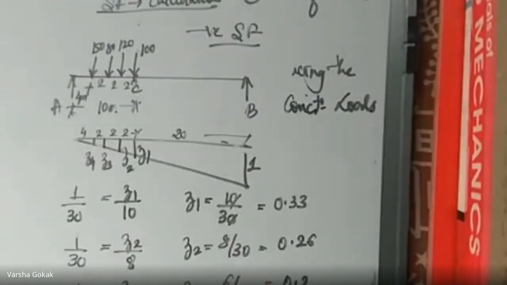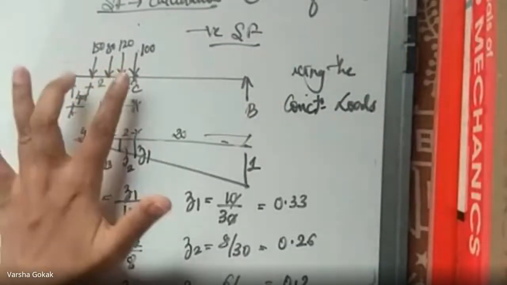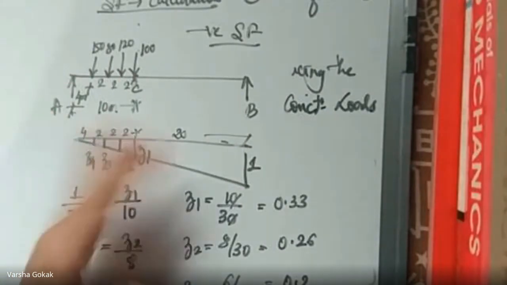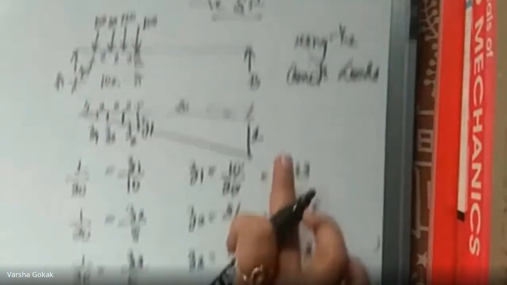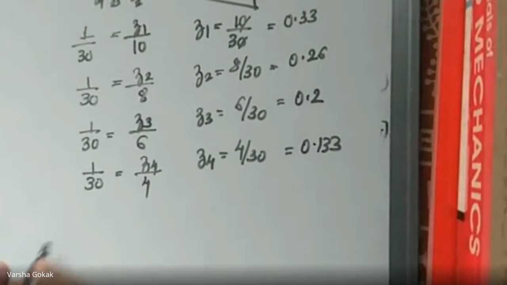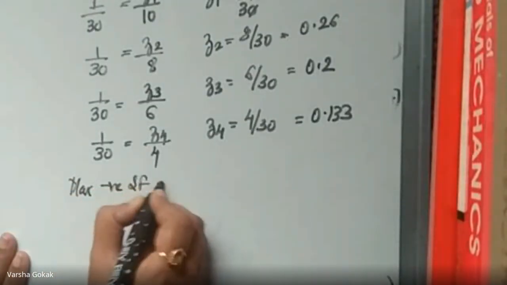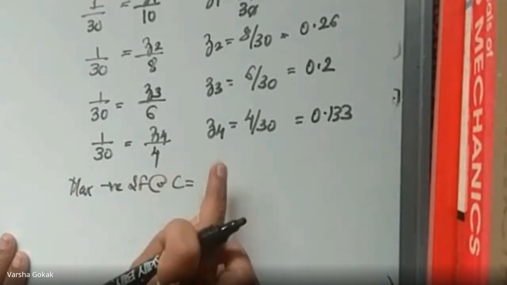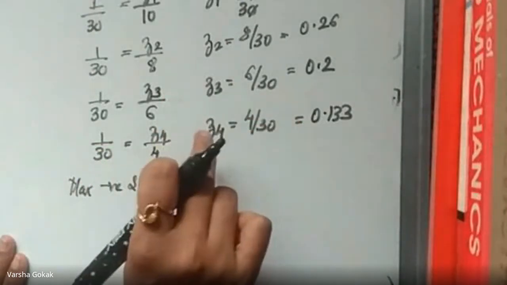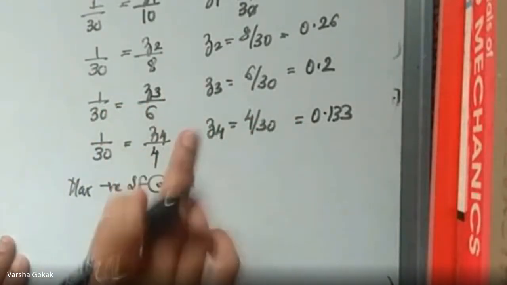Simple. I placed the 4 loads starting from point C towards the left side and got the ordinates. Now when I'm writing the maximum negative shear force at C, I will multiply the ordinates into the loadings with the negative signs.